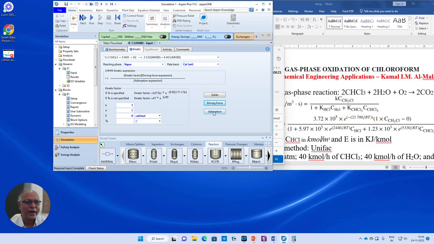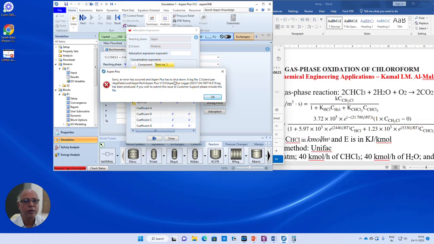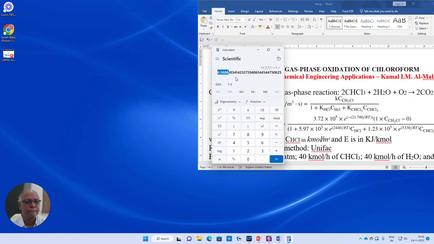Now you can go into the adsorption term. Remember, how many terms are there in adsorption? 3. So create 3 terms, and here also you create insert. Just 1 second, I think there was some problem.